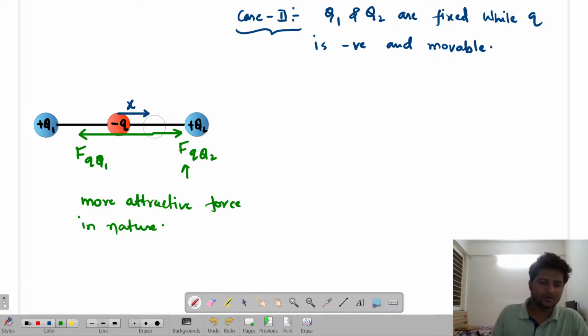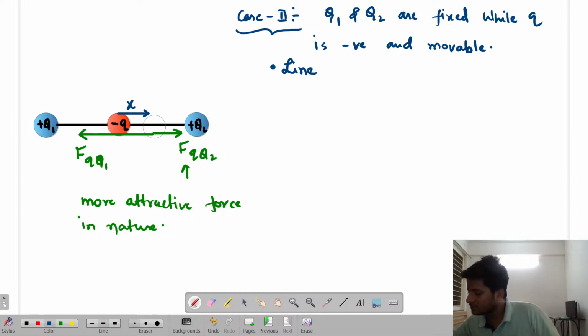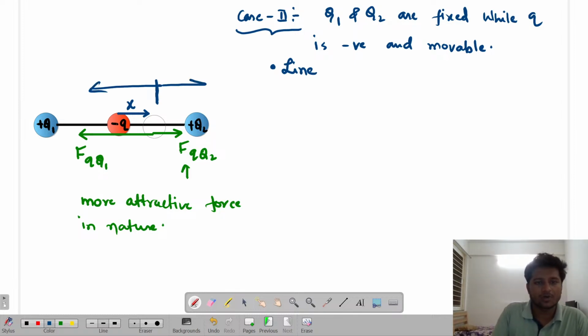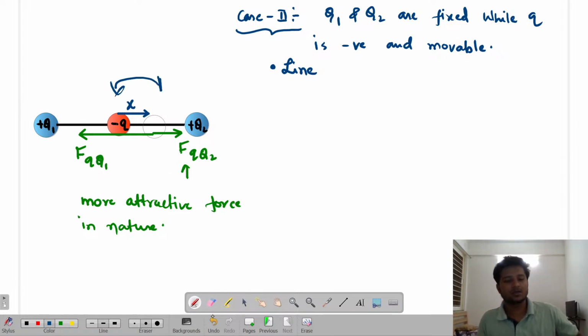If it is not able to return back to its original condition, then of course it is going to be attracted because of the opposite charges. Q1 is also a positive charge, so here the attractive force on this side will be less and on this side the attractive force will be more. Because of this, this minus Q will not return back to its initial state.